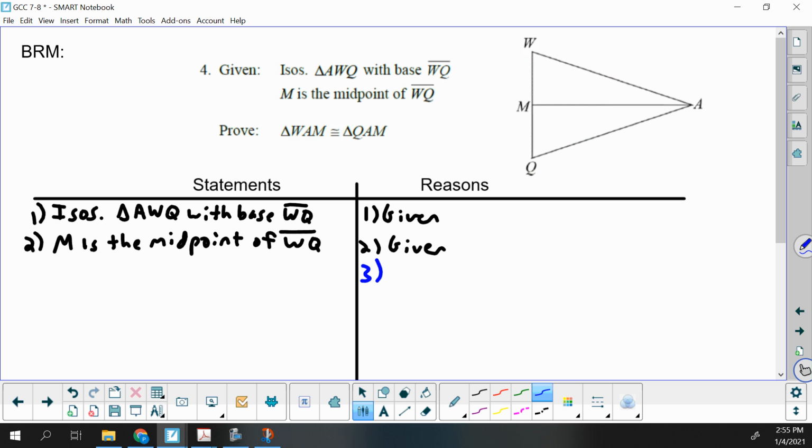So hopefully we automatically know to do midpoint implies 2 congruent segments. M was the midpoint, so our 2 congruent segments will be WM and MQ.